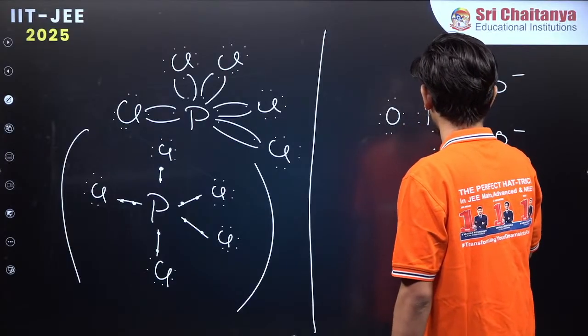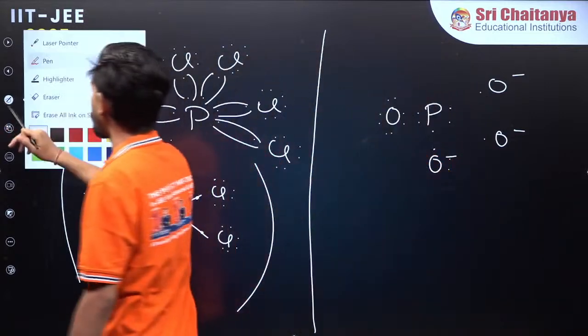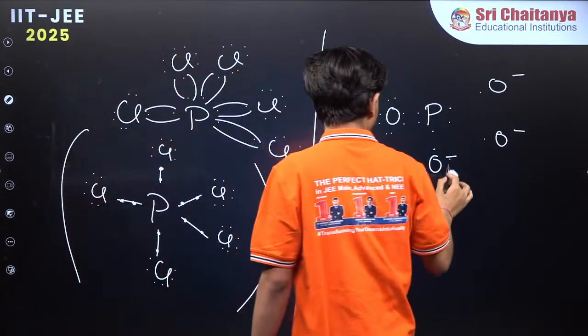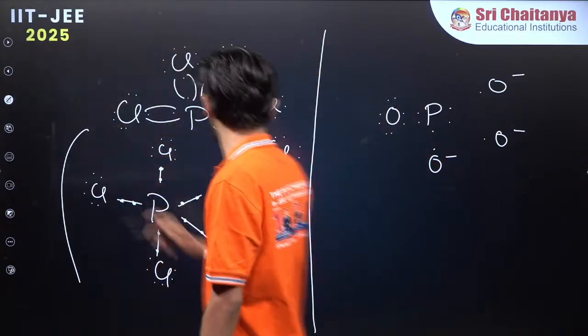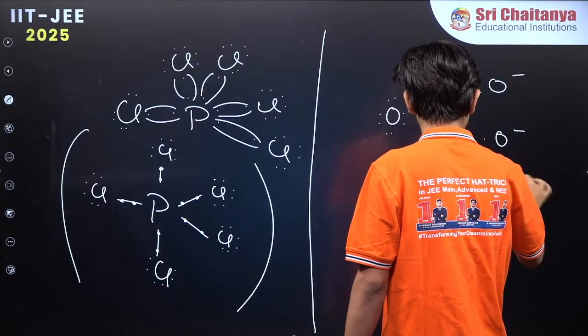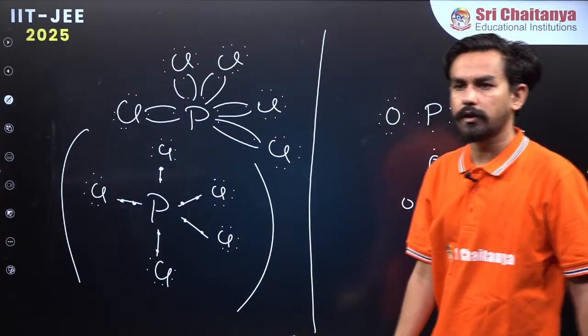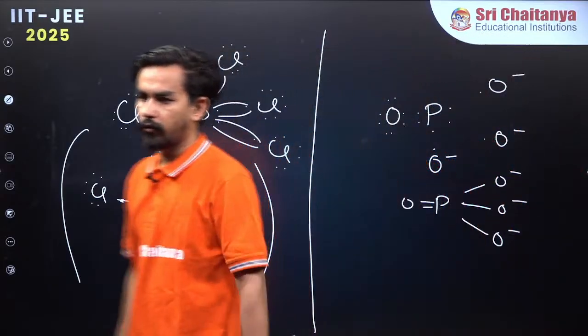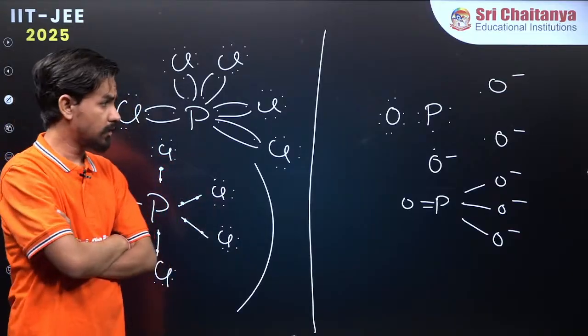Negative means 1 extra electron. This kind of structure is PO4 3 minus.